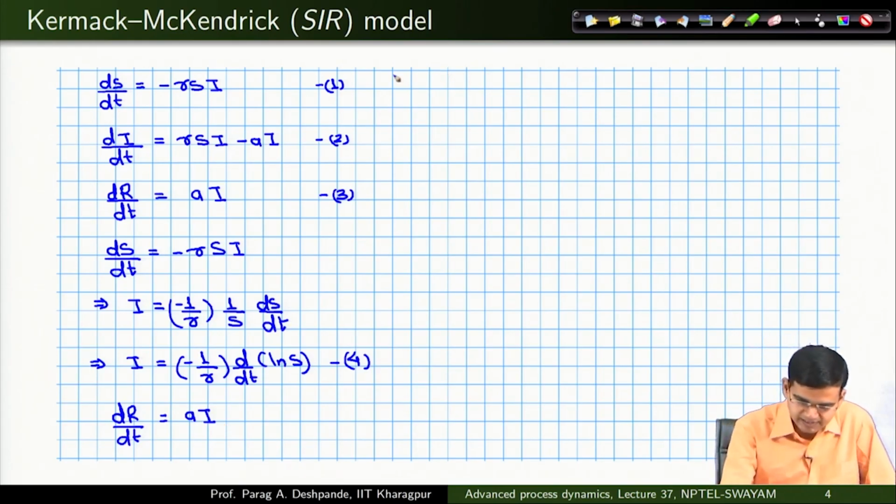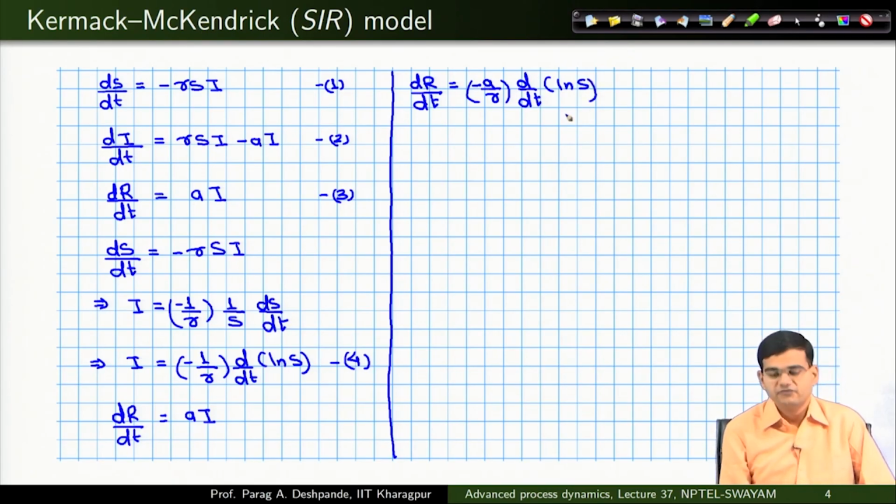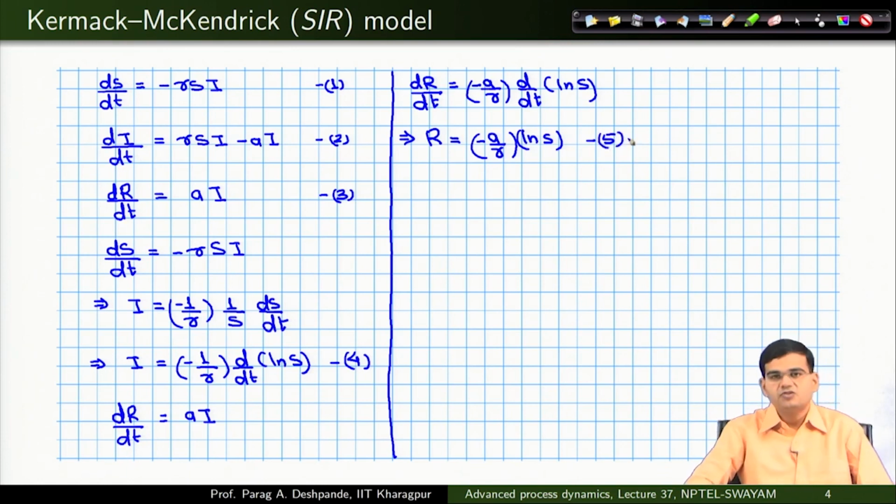So, I can write this as dR by dt is equal to minus a upon r d by dt of ln S, from where it is easy to see that R is simply minus a upon r ln S. So, how would you determine the number of removed persons from the population?